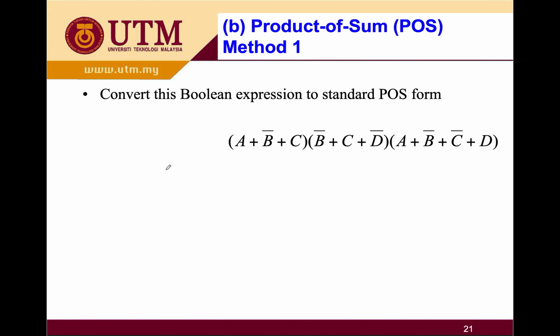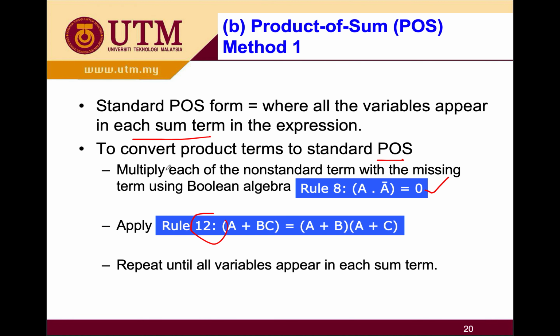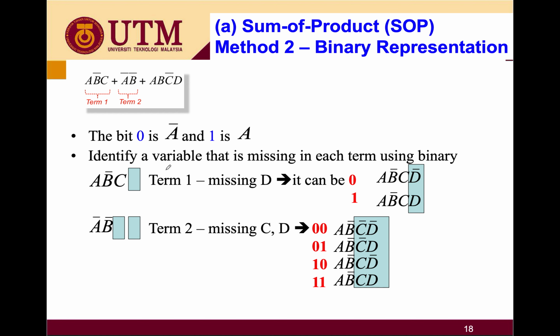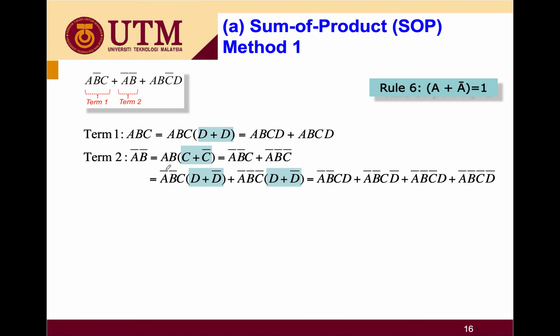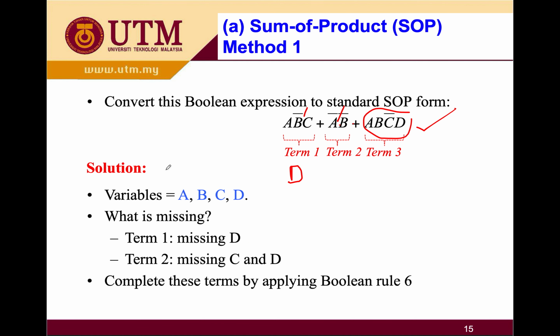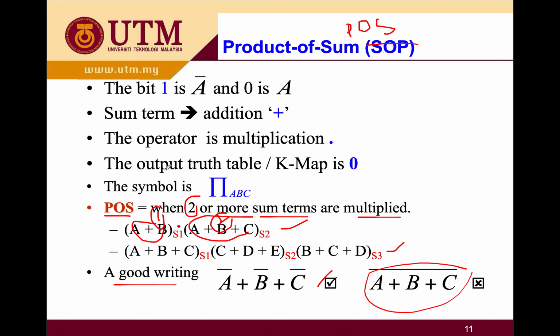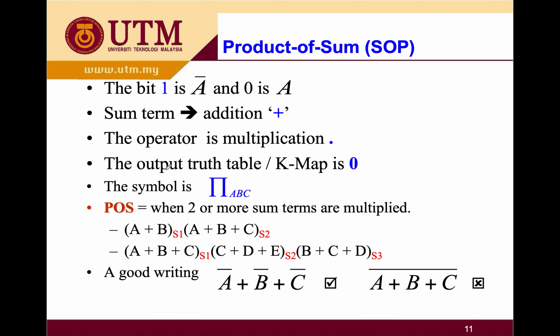Let me go to the slide. This one is sum of product. Where is POS? Okay, over here you can see that the output will be a 0.